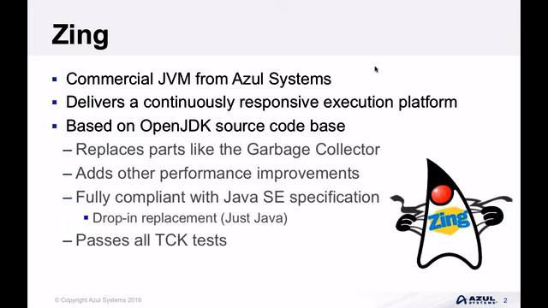Rather than taking a very broad approach to all possible types of applications, we said, let's focus our JVM on specific types of applications. These tend to be low latency applications or applications which require a lot of data in memory, so big enterprise applications.